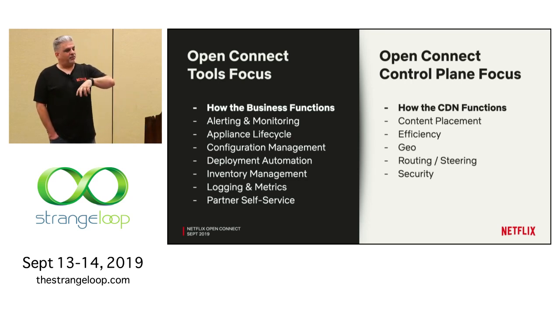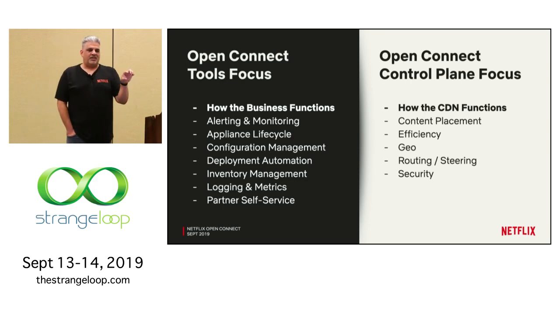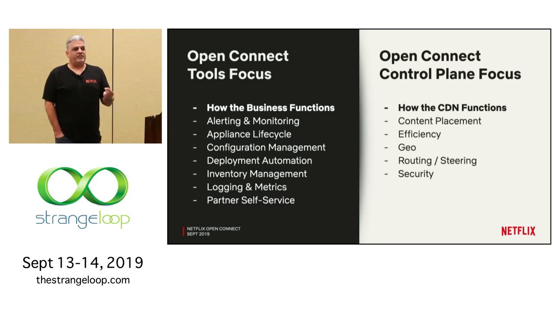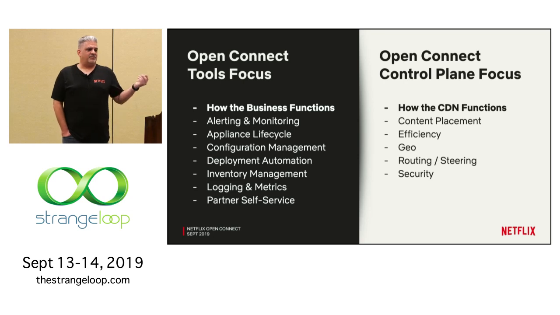When I mentioned the Open Connect control plane, that's the cloud service that decides where within the CDN you need to go to get your content. They have a set of problems that they try to solve: making sure the right content is getting to the right places, and that all of the security and geo things are in the right place. Netflix only serves certain parts of its content to certain parts of the world, because of how rights management works.